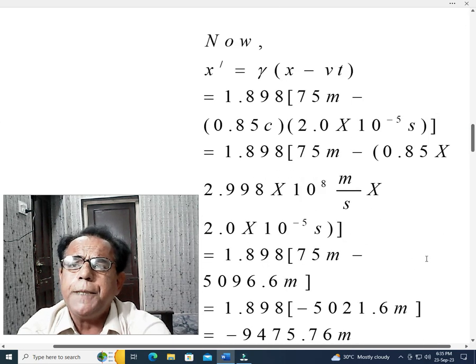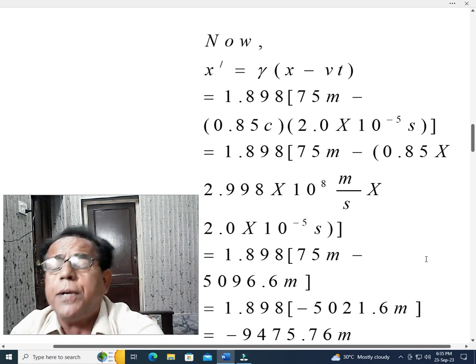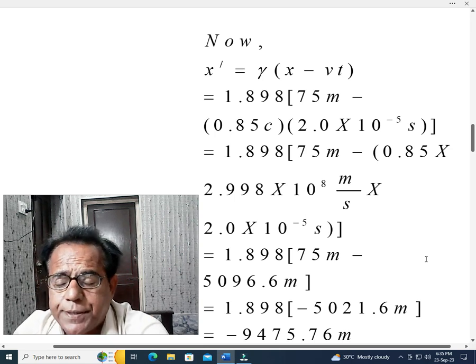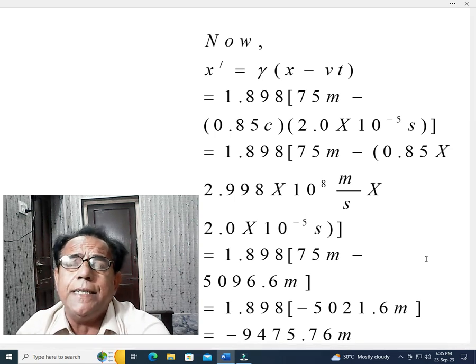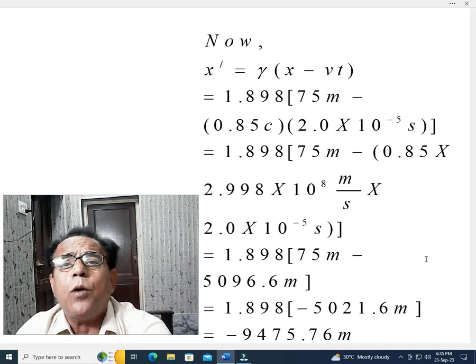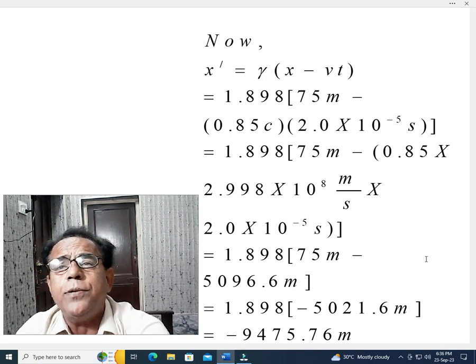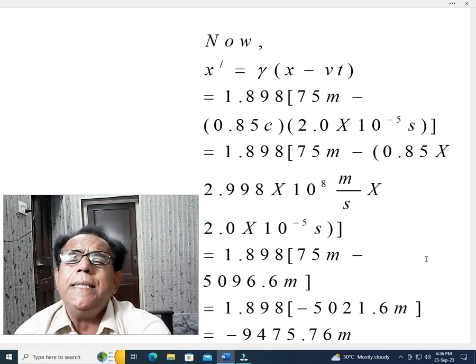Now we move further in accordance with the three snapshots which are providing guidelines for our solution. Now x dash is equal to gamma into x minus vt. In the next step we have just put the relevant values in this expression.